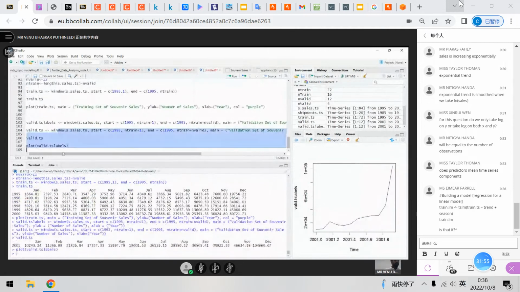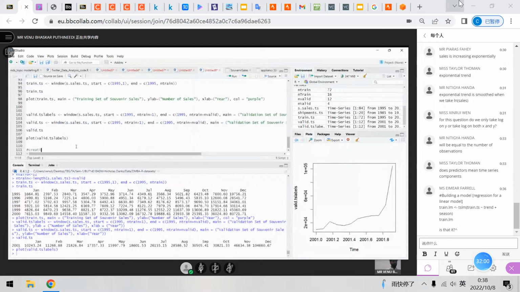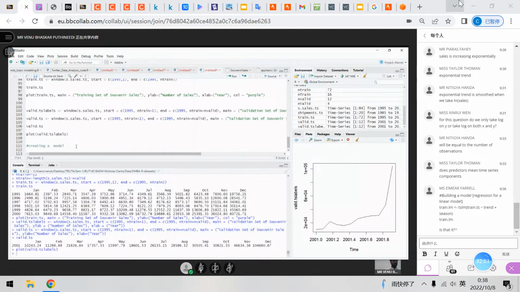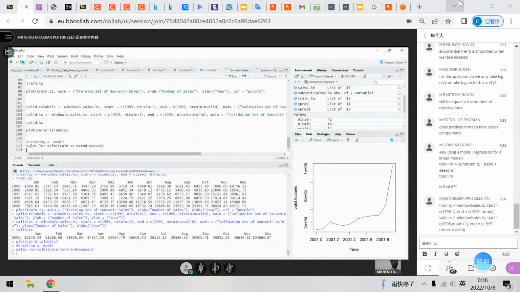Right. Gotcha. And now let us create a model, hashtag creating a model. What should we call it? sales.lm, and that should be TSLM of train.ts, yeah, that's what we define, tilde trend plus season, and that gives us the model.